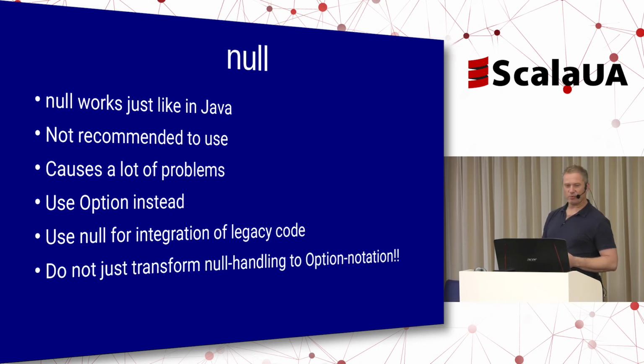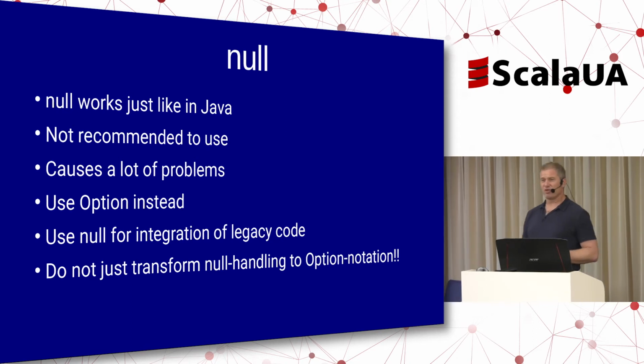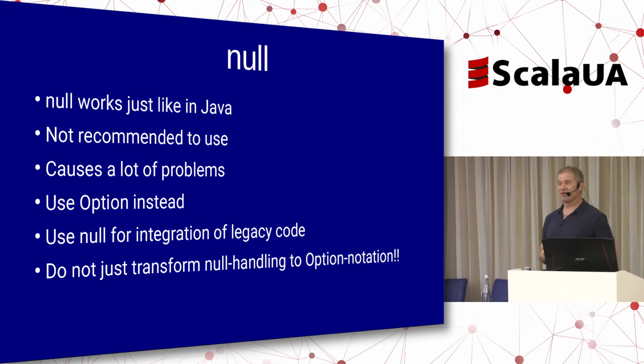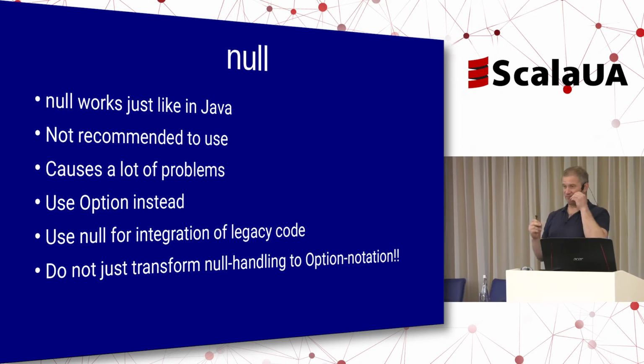Then one thing that we should consider is that when we use option, we could just write the same code as with null, that we do this if stuff, and then we test, is it the none case, and then we just don't gain very much.